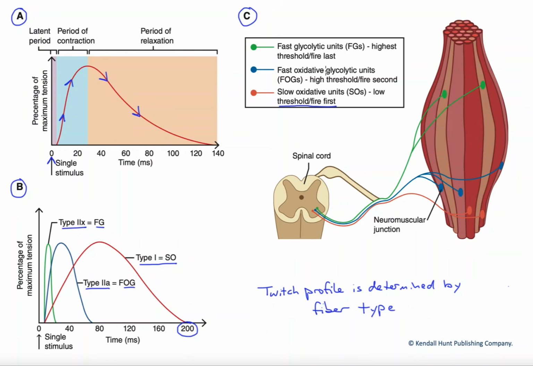And then we'd start to bring in, as long as effort is high enough and we need a stronger contraction, the fast fibers. The type 2As would come in next. They have a higher threshold, they fire second. And then the fast glycolytic, those strongest and most powerful fibers, would come in last, only if needed for very strong and powerful contractions.